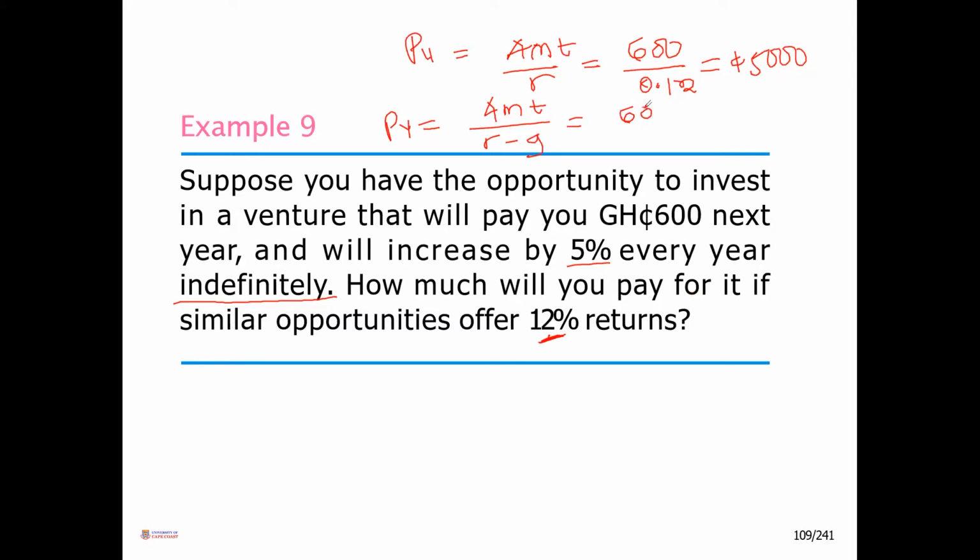So we have 600 over 0.12 minus the growth rate of 5%, so 0.05. That gives $8,571.43.